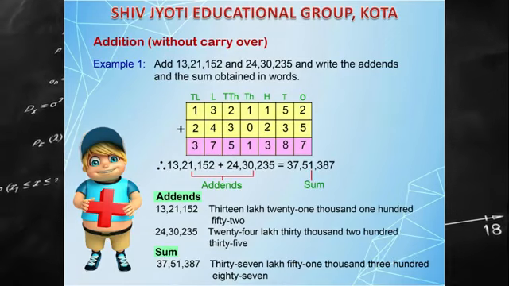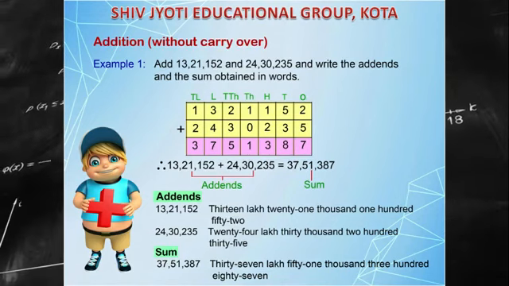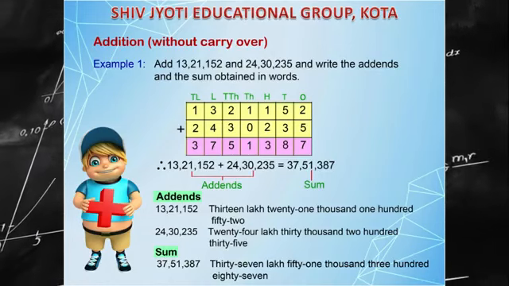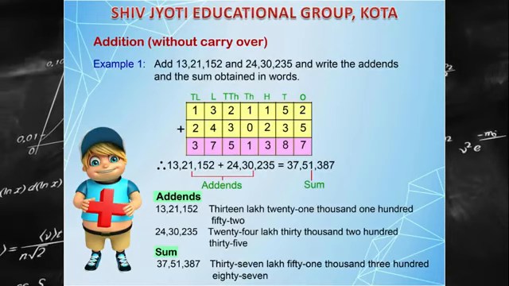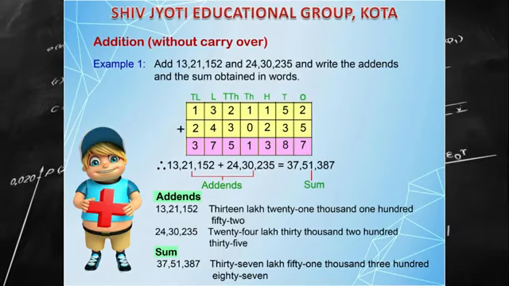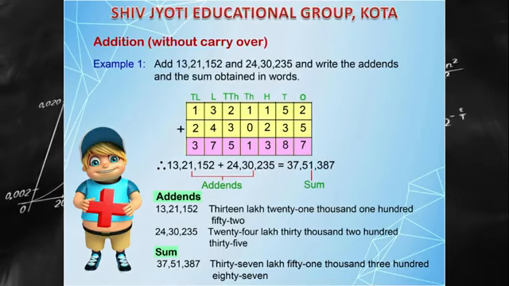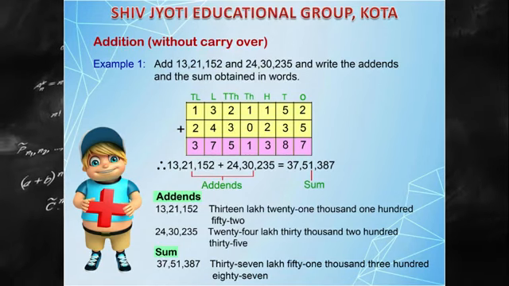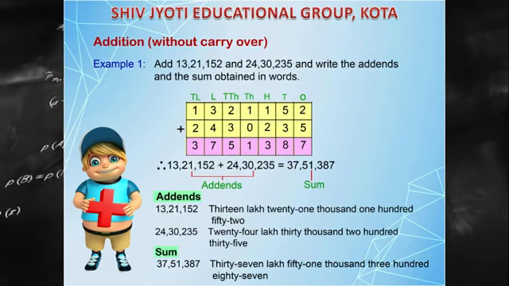Here 2 plus 5 equals to 7. Next 5 plus 3 equals to 8. Now 1 plus 2 equals to 3. Further 1 plus 0 equals to 1. Next 2 plus 3 equals to 5. Now 3 plus 4 gives 7. And finally 1 plus 2 gives 3.